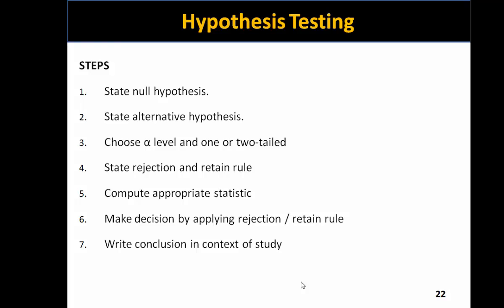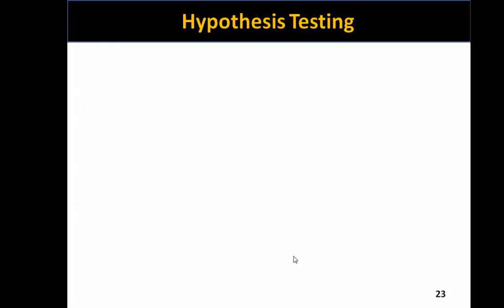Step 5, we go through the mathematics of calculating the t-statistic specific to the collected data. We then make a decision as in step 6 by revisiting the rule that we established in step number 4. We then write the conclusion in the context of the study.